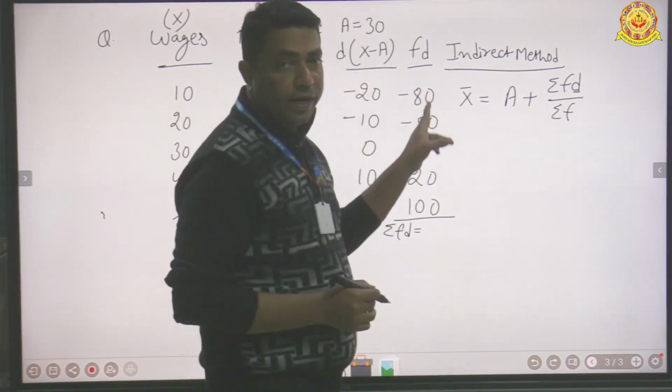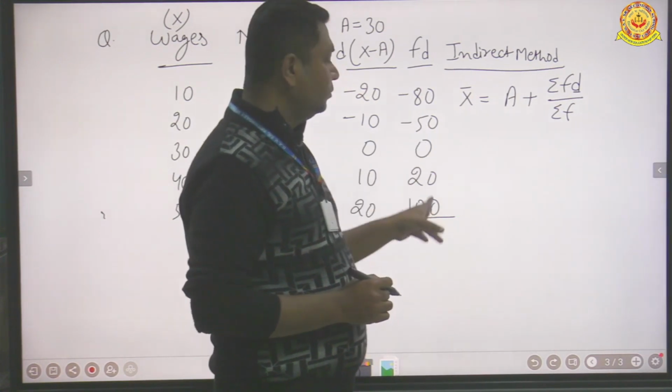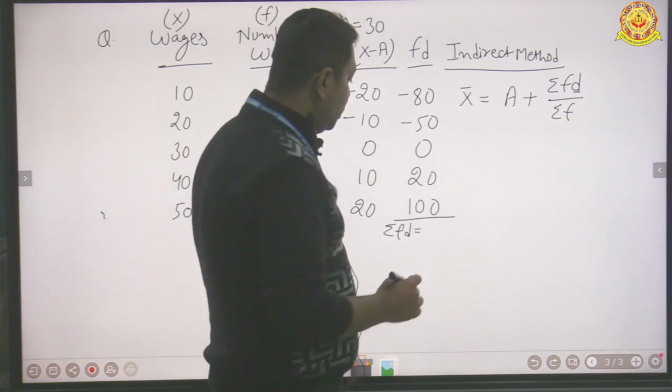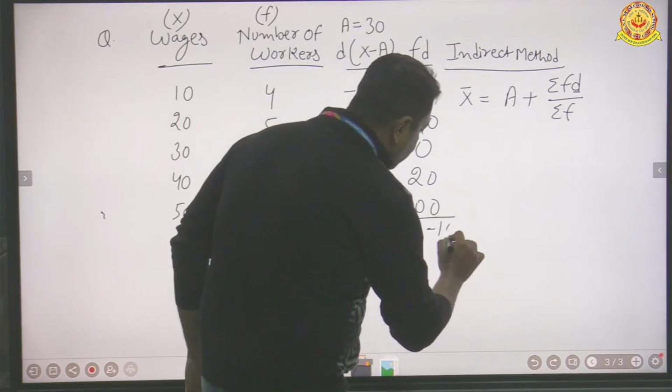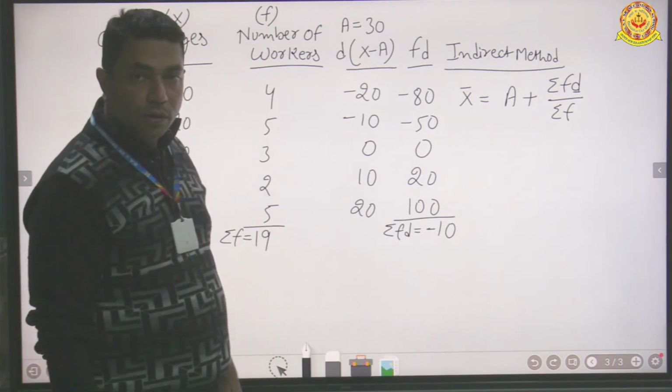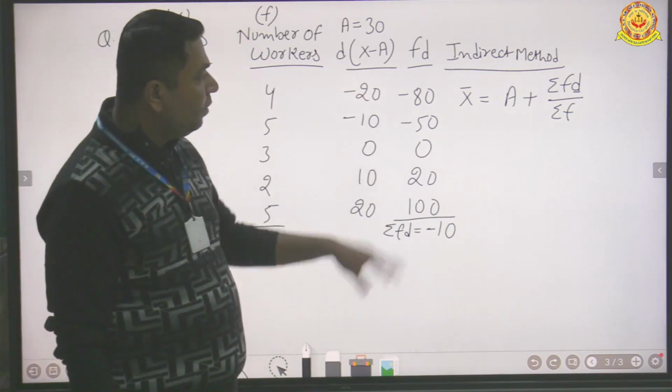Now the total of negative items is minus 130 and the total of positive items is 120. So the net value we are getting is minus 10. Now we have sigma fd.